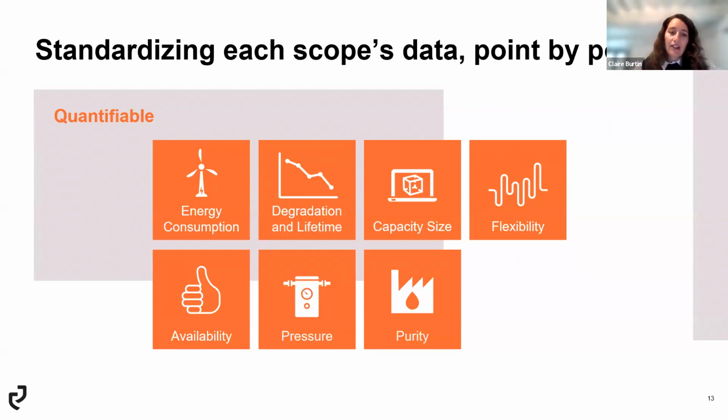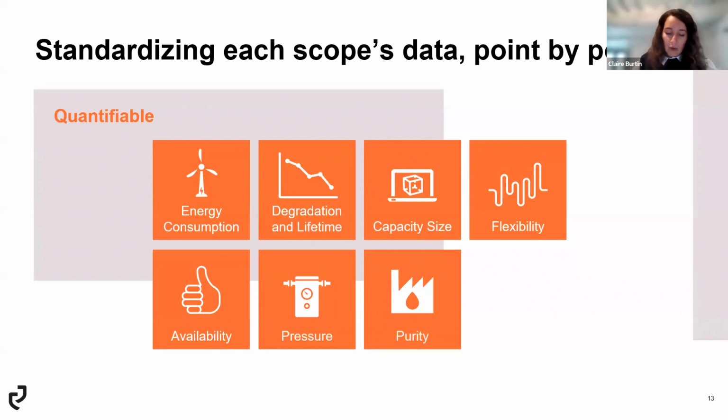Which means that the energy consumption aspect, the energy cost, and everything related to energy, like degradation, as I mentioned, and energy consumption of your electrolyzer, are key items that you will really need to dig into and understand, and make sure you're comparing apples to apples and that what you put in your model is reflecting the reality.